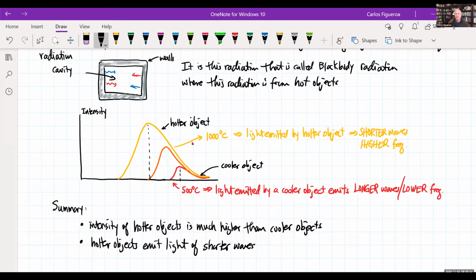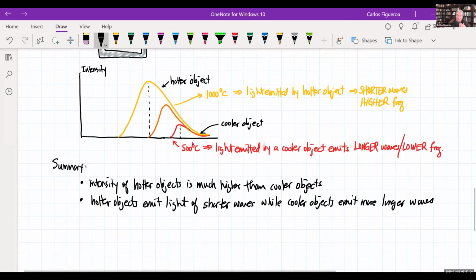I really mean that the peak is at a shorter wavelength, right? So hotter objects emit a spectrum of more shorter waves while cooler objects emit more longer waves. And in fact, there's a law that actually talks about this. It's called Wien's law.